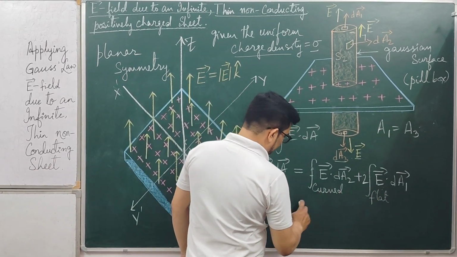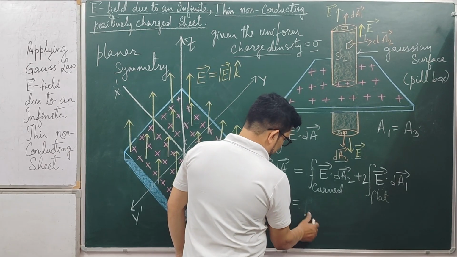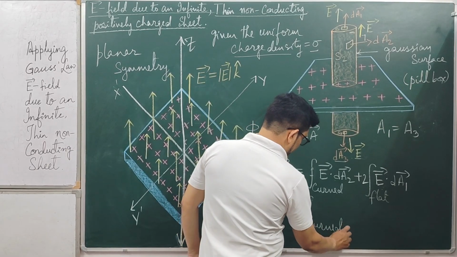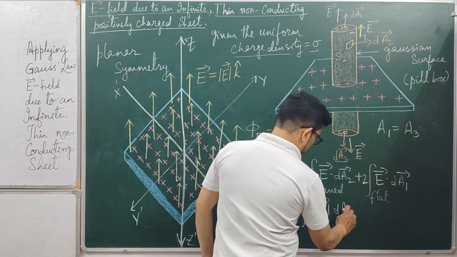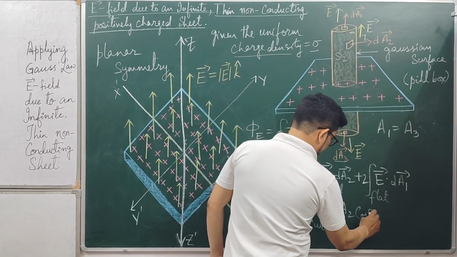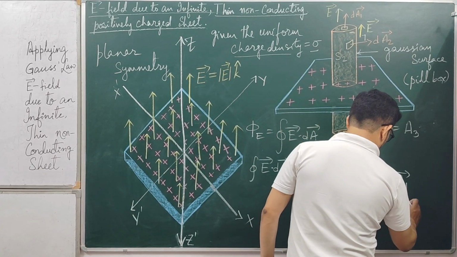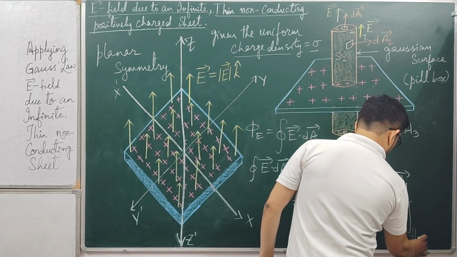So if it is 90, if you operate over the curved surface, it's going to be the integral over curved of E dA2 cos 90 degrees, and here we'll have plus twice of whatever you take for one, it holds for the second one as well.